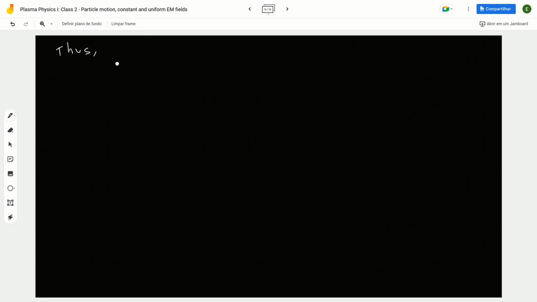Just like in the other section, we derived that the velocity would be like this. So it's a circular motion, but in a reference frame moving with the constant velocity VE.